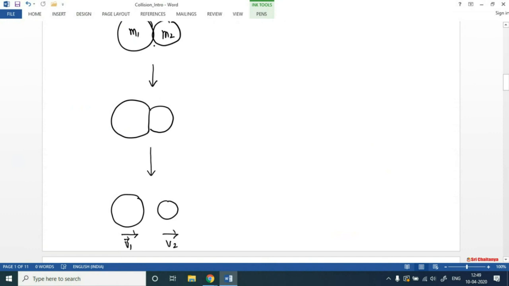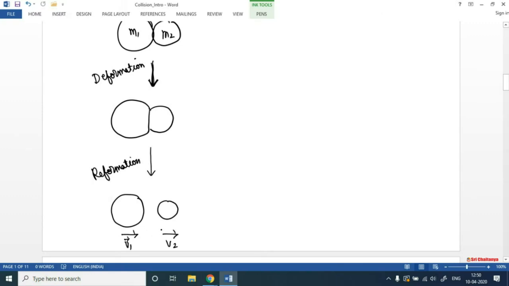So from this position to this position, kinetic energy will be changing into potential energy. This is the process of deformation, and this is the process of reformation. During the process of reformation, the elastic potential energy will again be getting converted into kinetic energy of the colliding bodies.